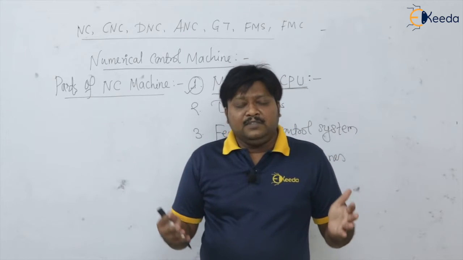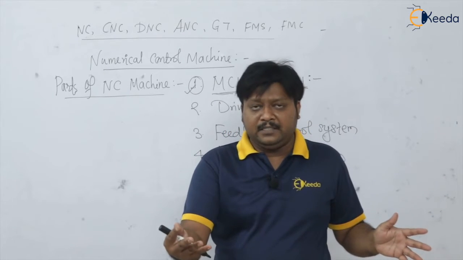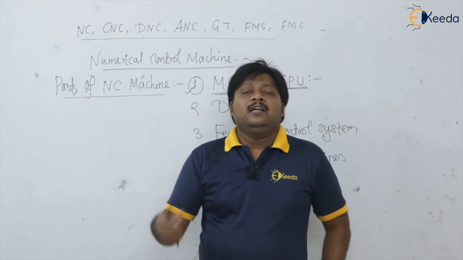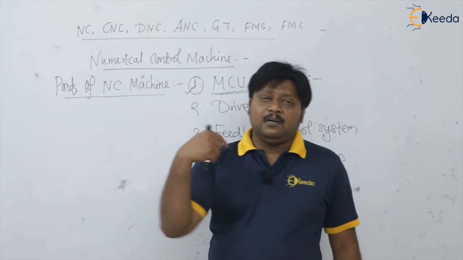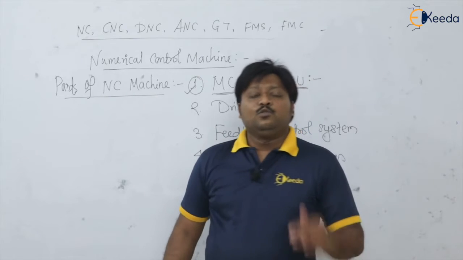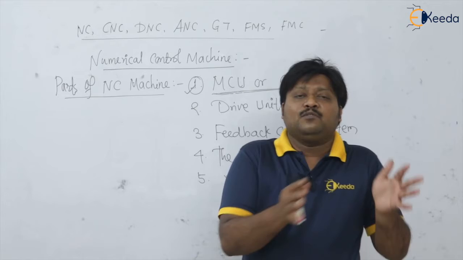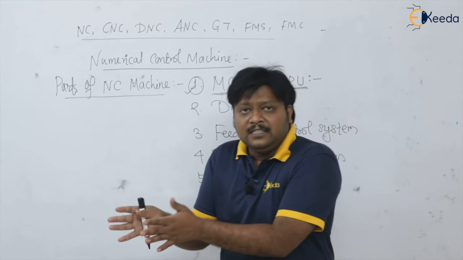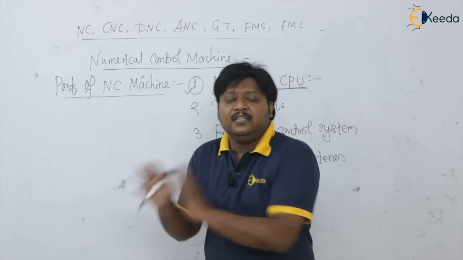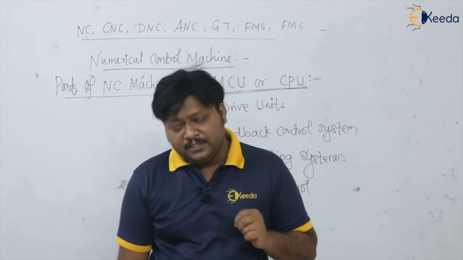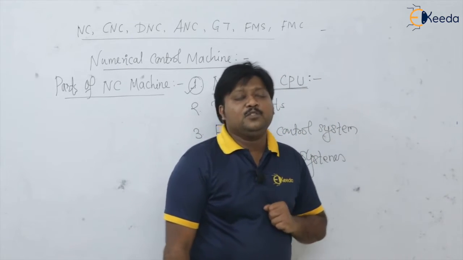Whatever information we have provided by programming is taken by the MCU and analyzed by the MCU, and it gives information as a command or output result to move the required axis from one position to the required destination or another position. That is the function of the MCU.